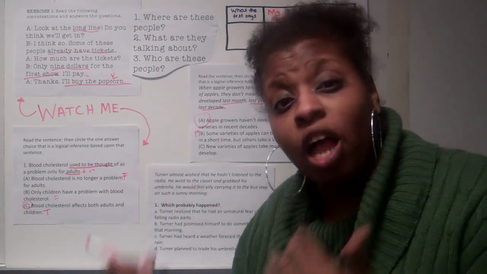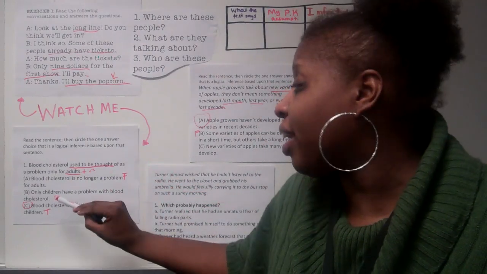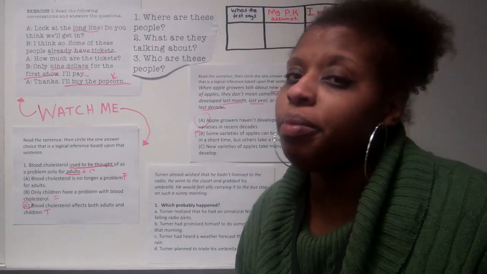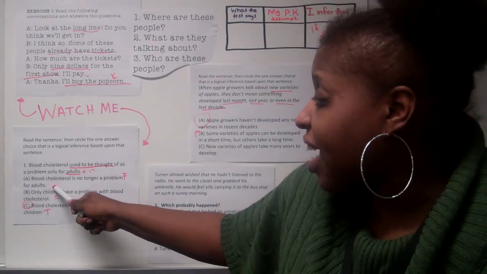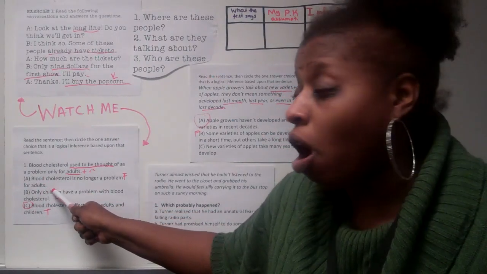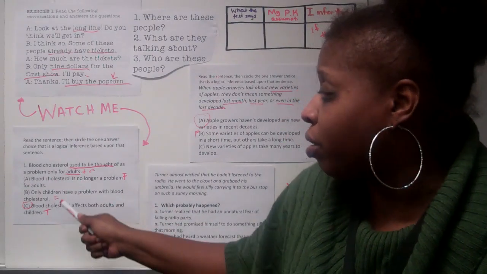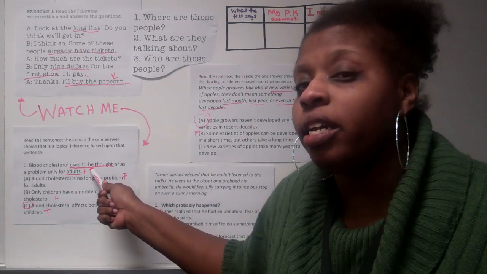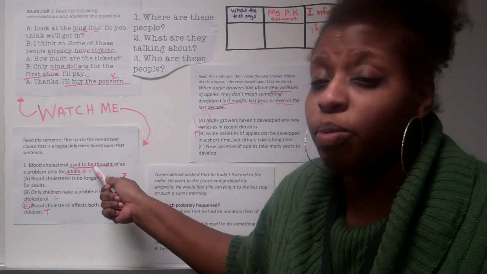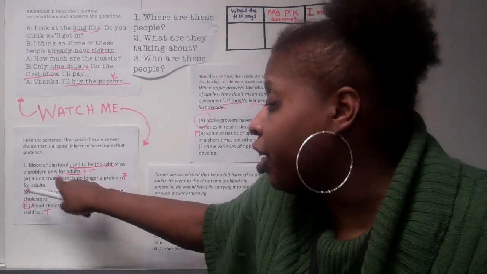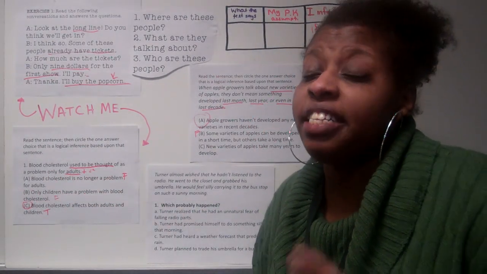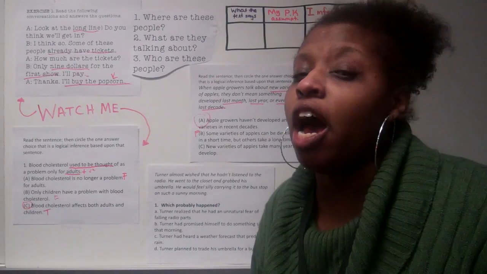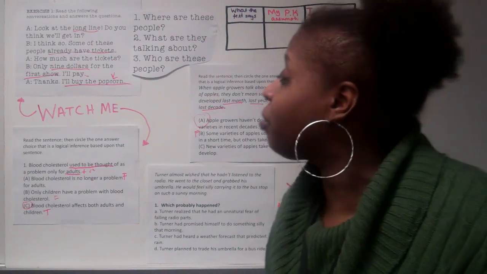The correct logical inference will line up with the facts from the test. Because as you can see, A says blood cholesterol is no longer a problem for adults. That doesn't line up with the sentence. It just says it used to be thought of as a problem only for adults. So clearly it's still a problem, it's just not a problem only for adults.